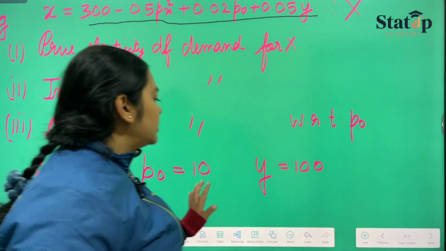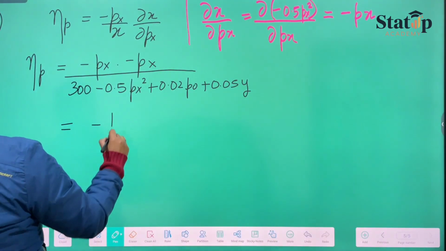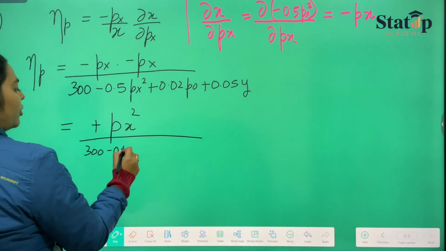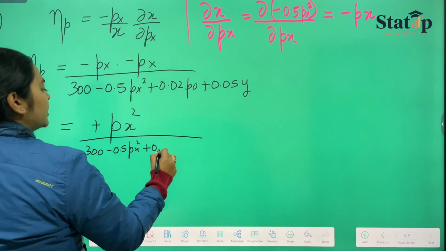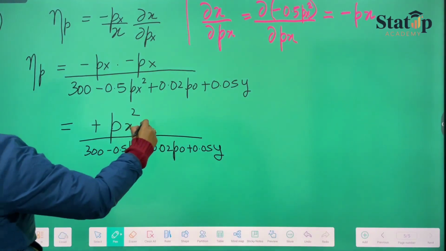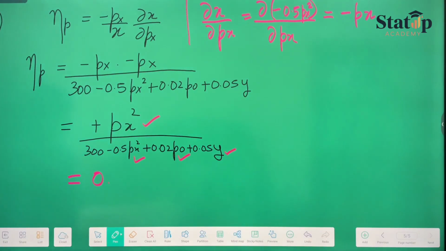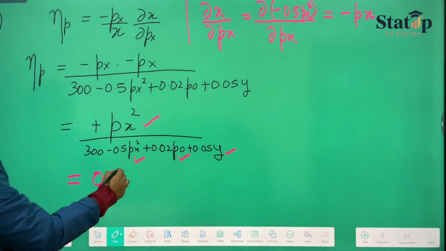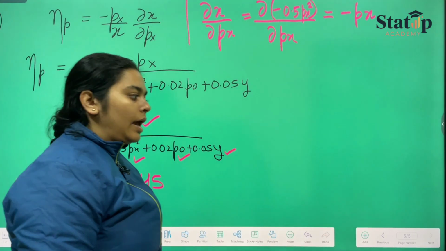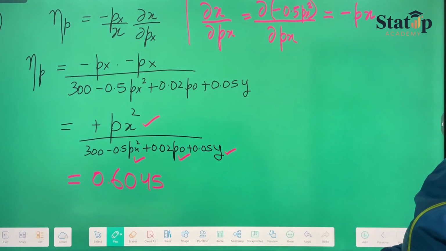Substituting these three values in this equation, px square upon 300 minus 0.5 px square plus 0.02 p naught plus 0.05 y, we get the answer as 0.6045 as the price elasticity of demand for commodity X. You can just put the values and get the answer.